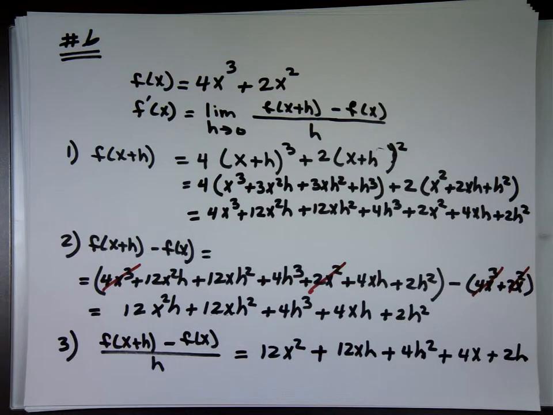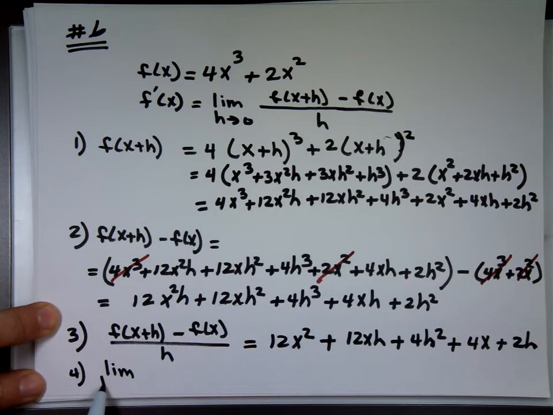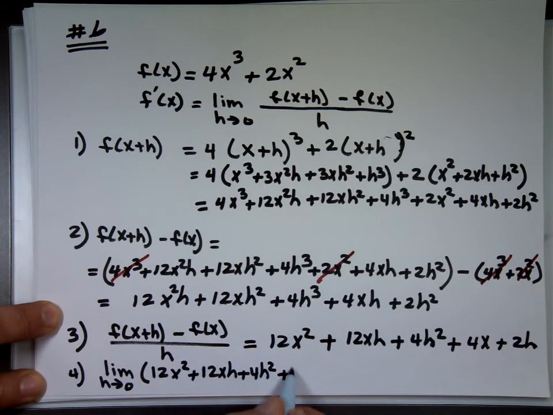And what's step number 4? Take the limit as h approaches 0 of that answer. As h approaches 0, not x. So let h be 0. What do you have?